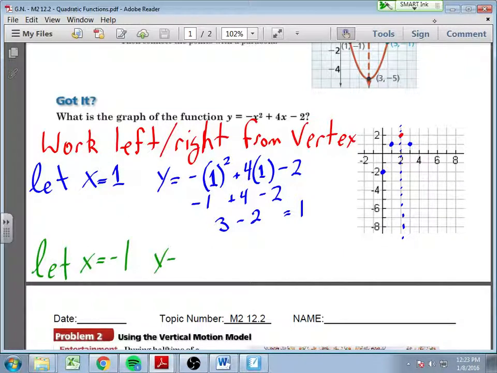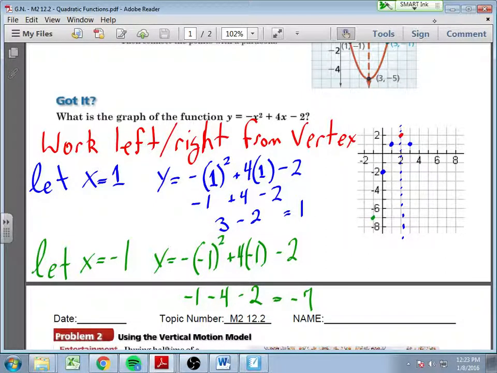So now we'll have y equals negative 1 squared plus 4 times negative 1 minus 2. This will still be a negative 1. This turns into minus 4 minus 2. Are we with me? Cool. So then this gives me a y value of negative 7.